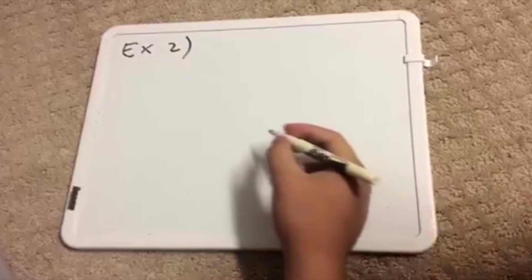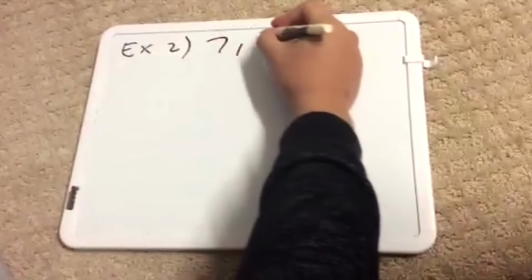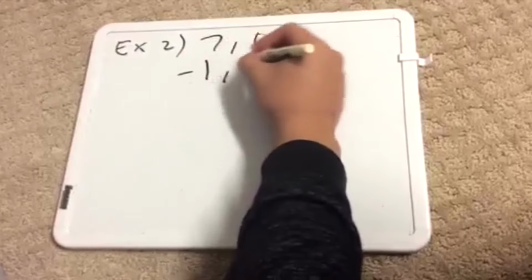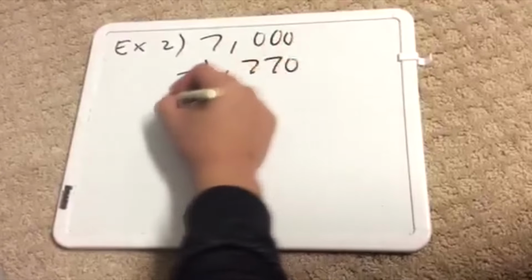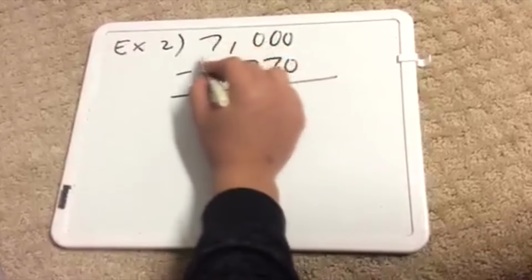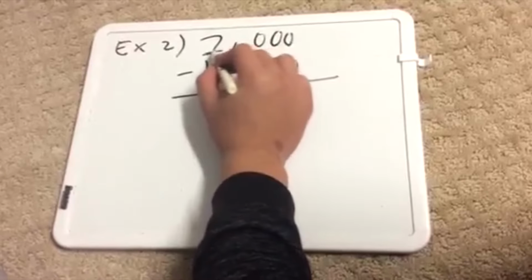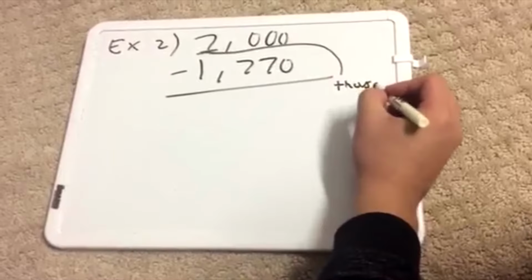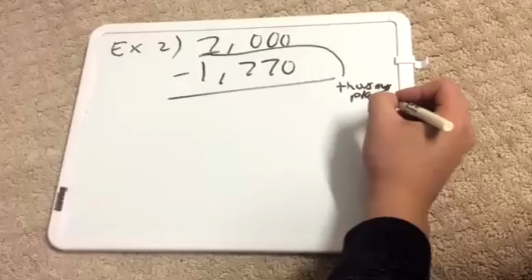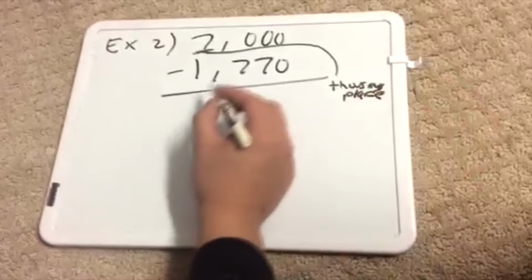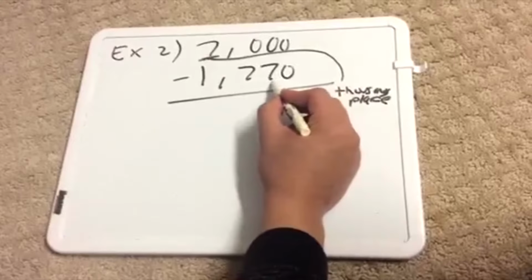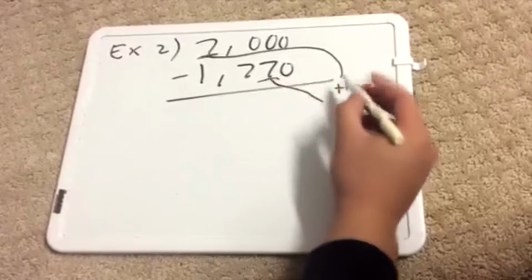So for this example, we'll be subtracting now. So we'll be subtracting 7,000 minus 1,770. So for 7,000, the least specific significant figure is in the thousands place, and for 1,770, the least specific is the 7 in the tens place.